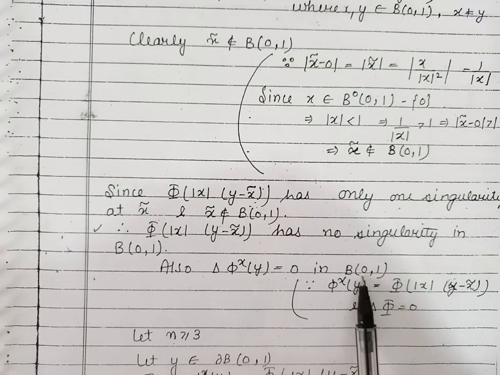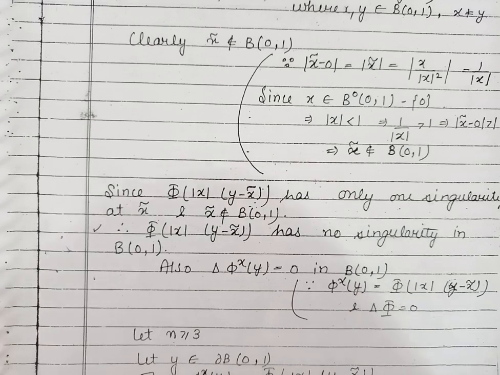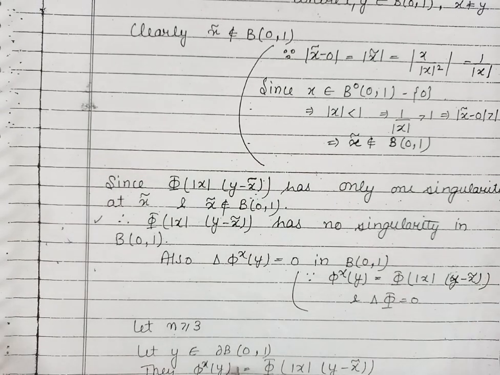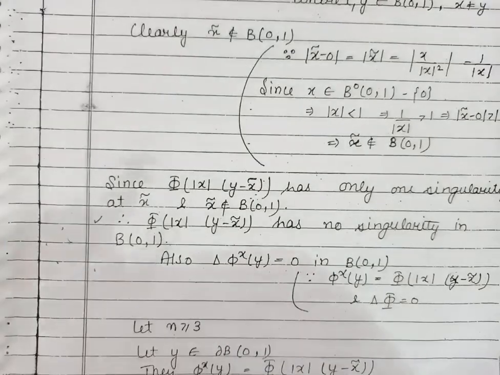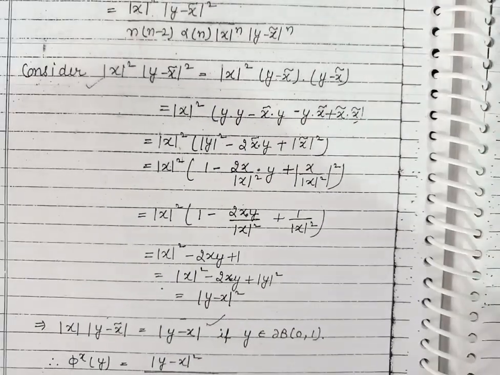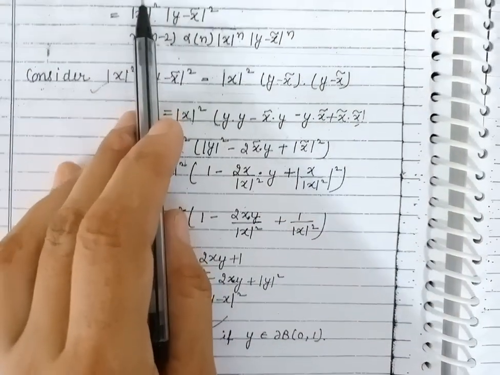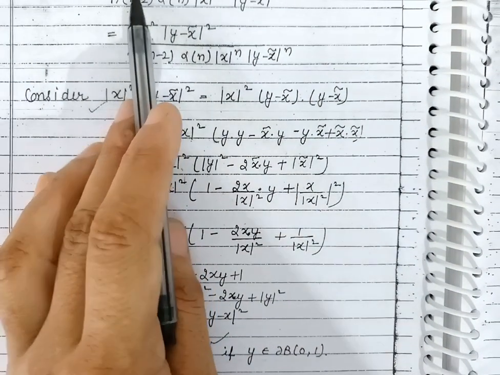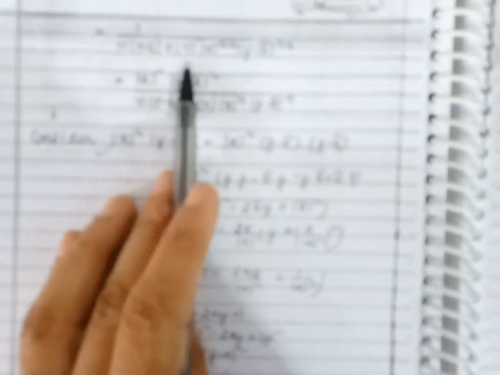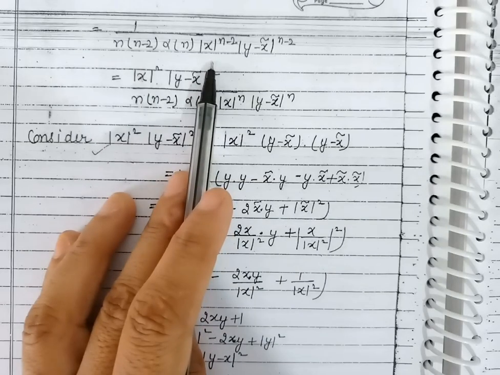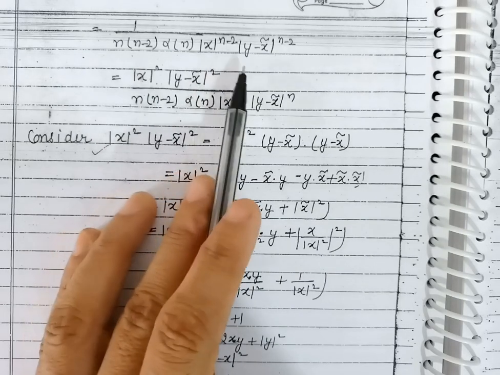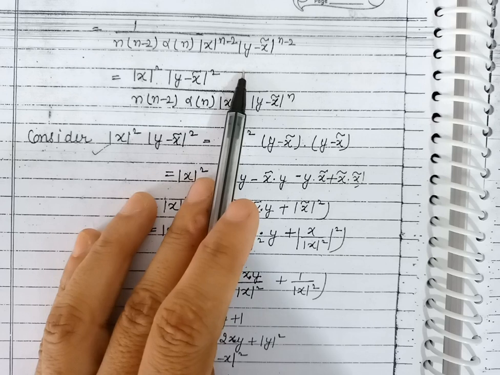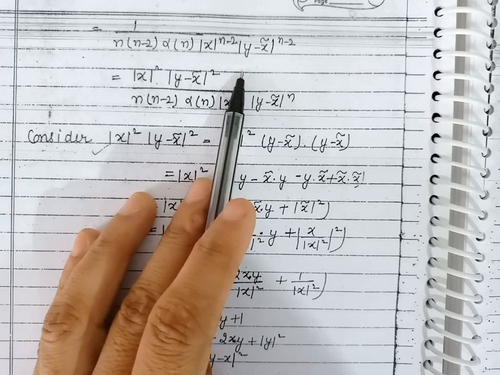Now if we take any point y belonging to the boundary of this unit ball, then the value of this function is given by 1 upon (n minus 2) alpha n into |x| raised to the power n minus 2 into |y minus x bar| raised to the power n minus 2.